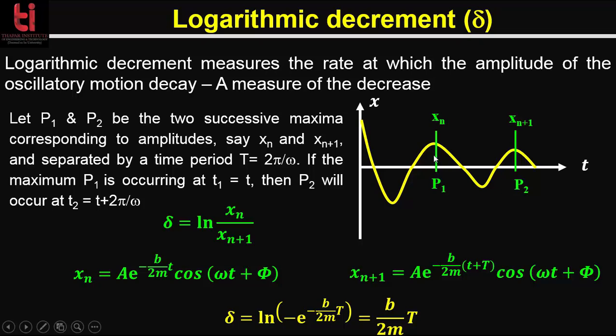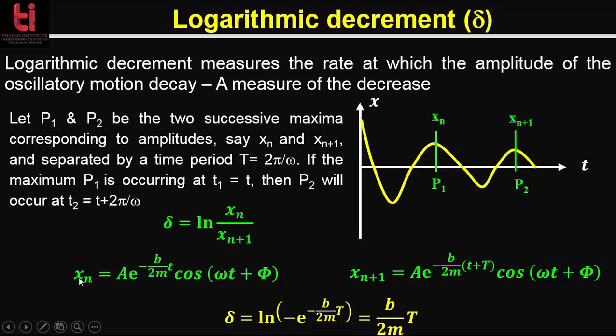If the maximum P1 occurs at T1 equal to t, then P2 will occur at T2 equal to t plus 2 pi by omega. Then the logarithmic decrement is equal to the natural log of xn divided by xn plus 1.